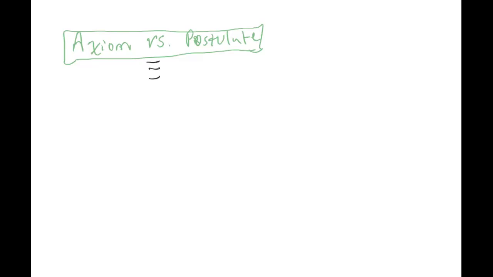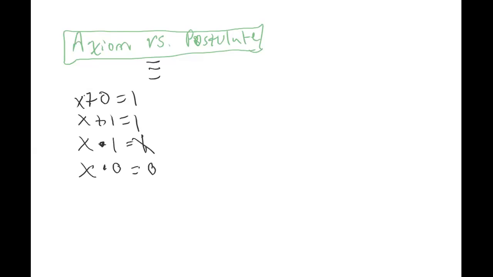In other words, x or 0 equals x. X or 1 equals 1. X ANDed with 1 equals x. Sorry, that's the identity. X ANDed with 0 is equal to 0, right?